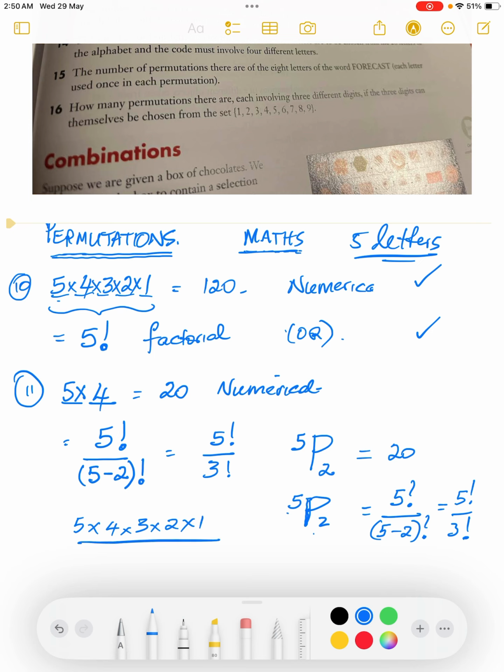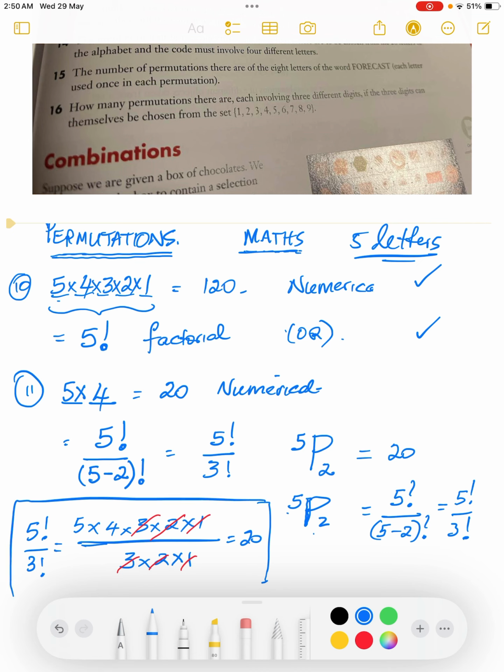And 3 factorial is starting at 3, finishing at 1. And you can see that we would cancel that, and we would be just left with 5 times 4 is 20. So that's 5 factorial over 3 factorial. Just a little extra thrown in.